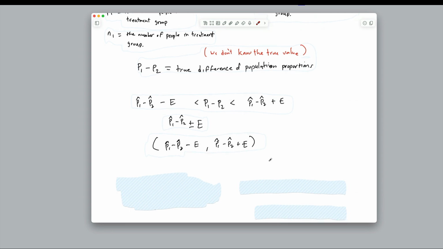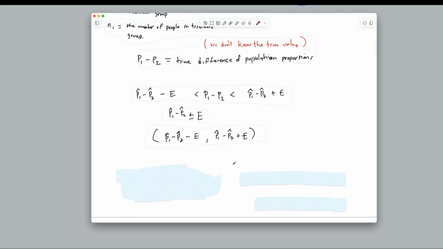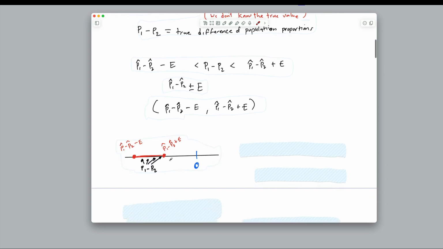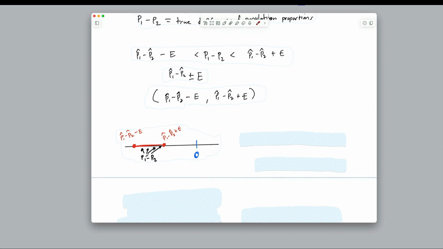Once we do the calculation, we are typically going to run into 3 scenarios. When we get our lower limit and our upper limit, we claim that the difference of the 2 proportions falls between those 2 numbers. The first scenario is that the interval contains all negative numbers. In other words, the interval is entirely to the left of 0. So what does that mean?